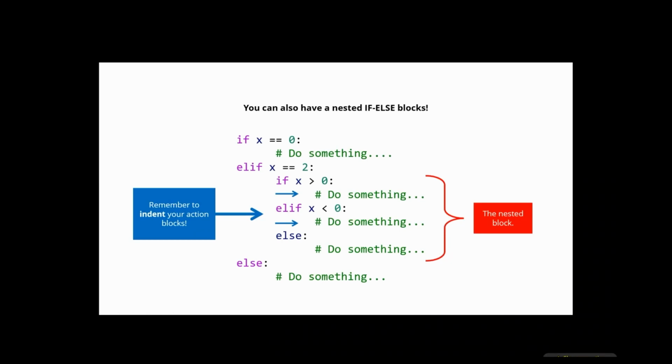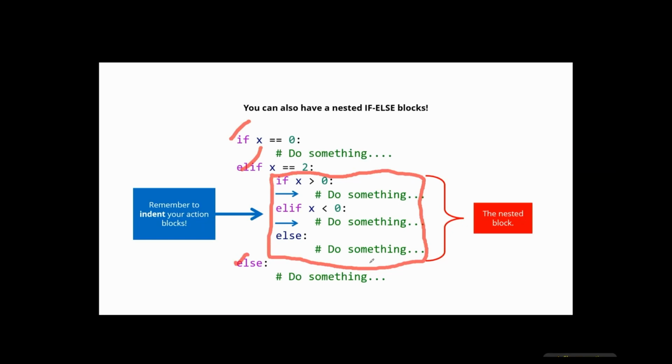For example, here I have my first level if-else block, which is over here, here, and here. And then somewhere inside the action block here, we have another conditional statement. But still remember to indent your action block. I hope you can get the idea here. So this is the nested block.